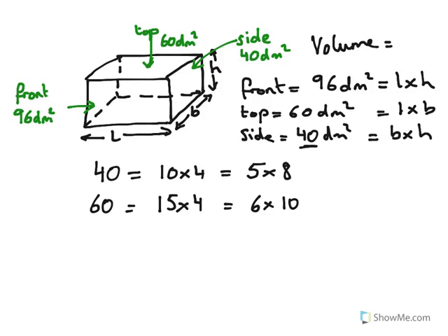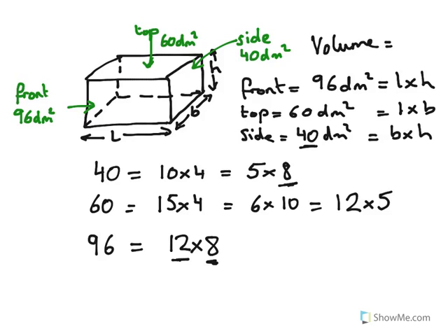And then we've got 96. How can we make 96 up? Well, we could use 12 by 8. Here's an 8 here, and there's an 8 here. And I've got a 12 here, and I don't have any 12 in my 60, so I'd really like to find a number that multiplied by 12 gives me 60. And if I look at that, I can get 5. What I'm trying to do here is find 3 numbers, and all the same numbers are in each one.